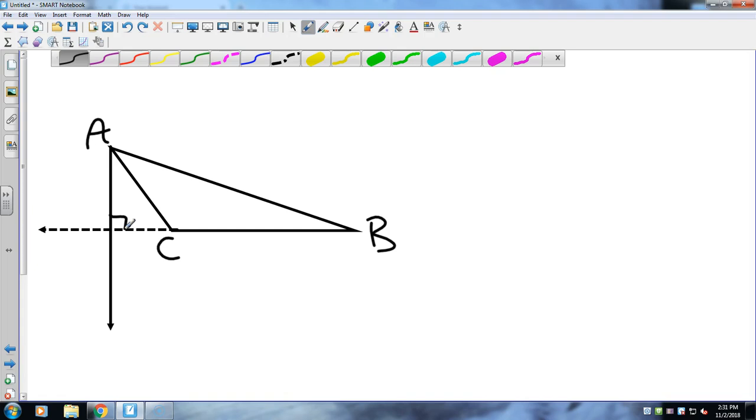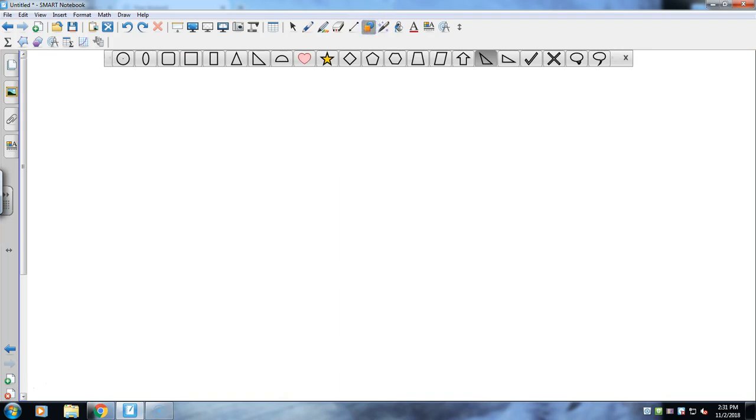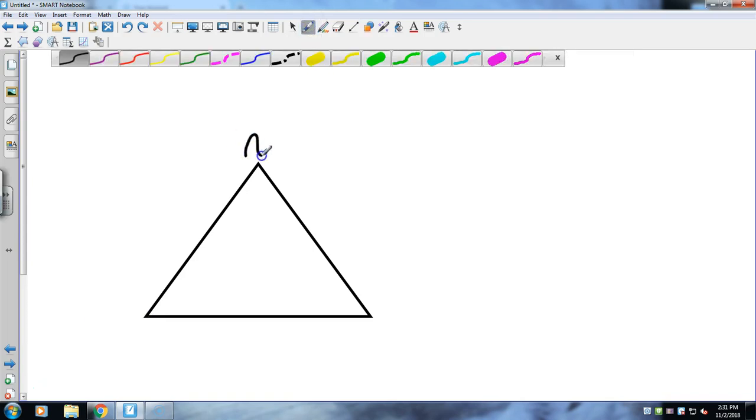And so that brings us to our final kind of construction. We're going to create an orthocenter, and all kinds of new words in the last couple of lessons. So an orthocenter is what's going to happen when we get all three of our altitudes to intersect.